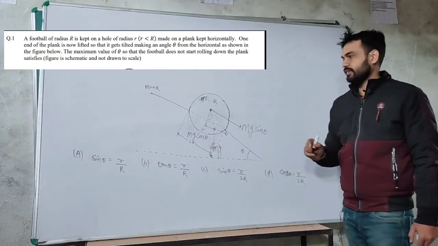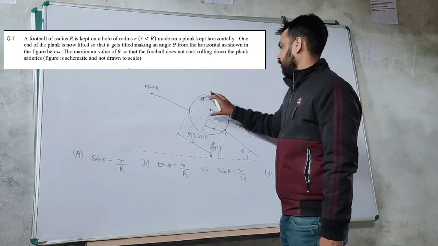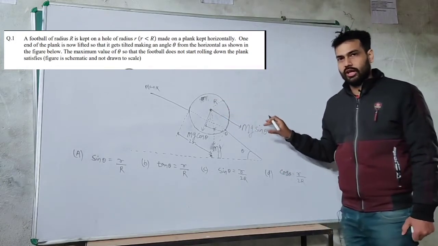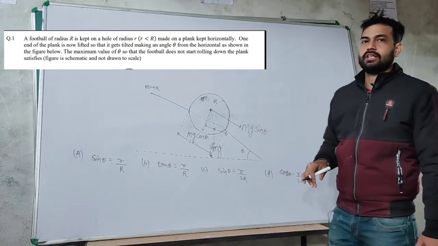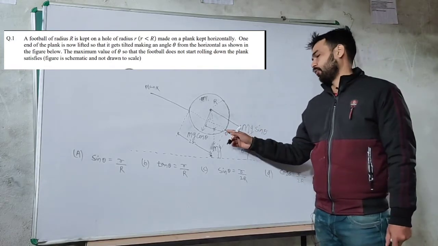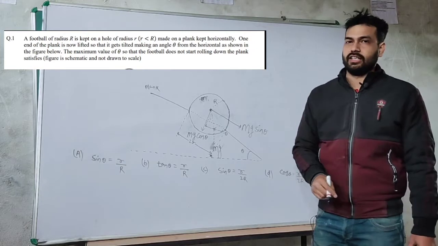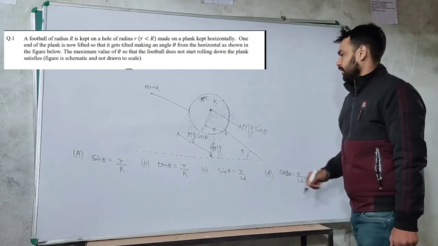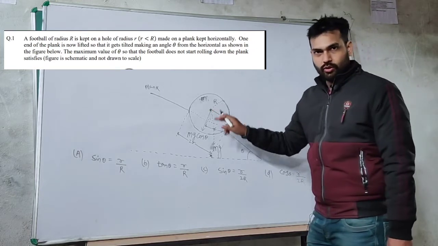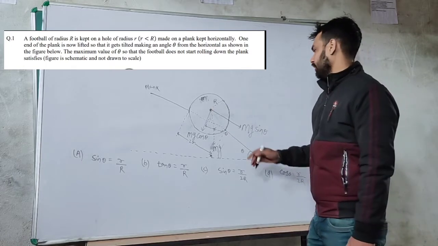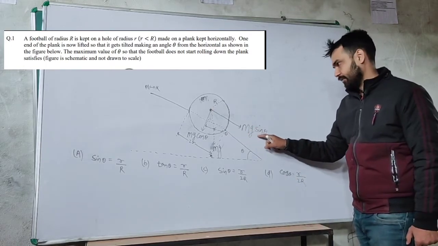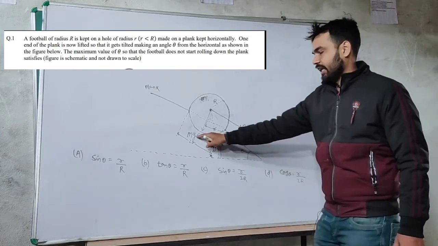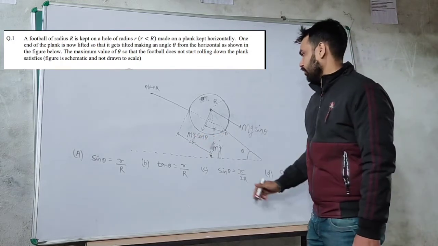Now, for the football to not roll down the plank, we must balance the torque at this point O, where the football is touching the plank. There are two forces contributing to the torque: one is the component of mg along the plank, mg sin theta, and the other component, mg cos theta.